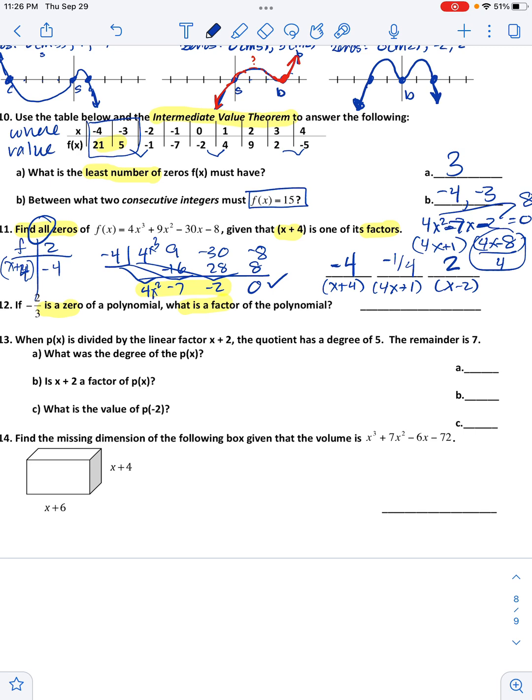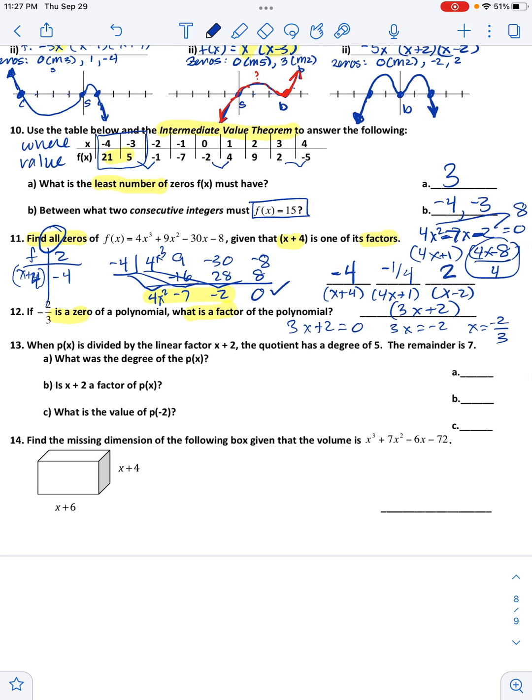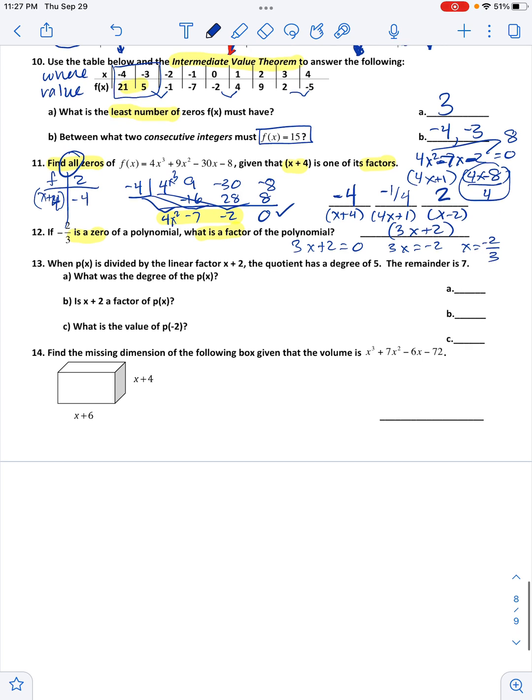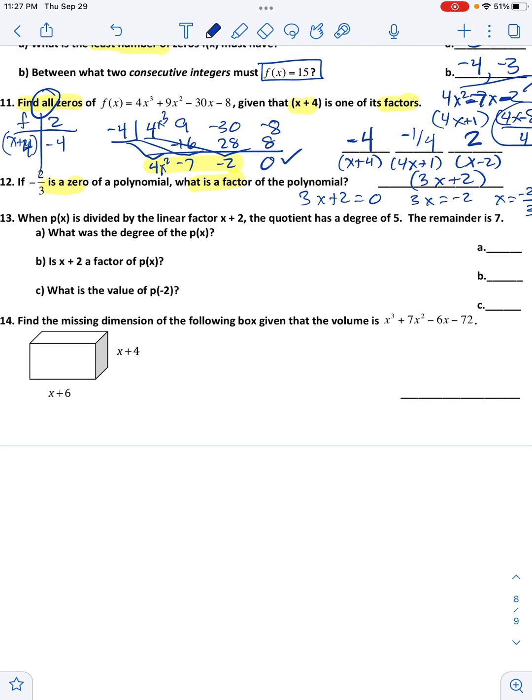And that's going to get me back to 3x plus 2 as a factor, because 3x plus 2 will equal 0 when I subtract the 2 and then divide by the 3. So you have to do some backwards thinking to get to that factor.